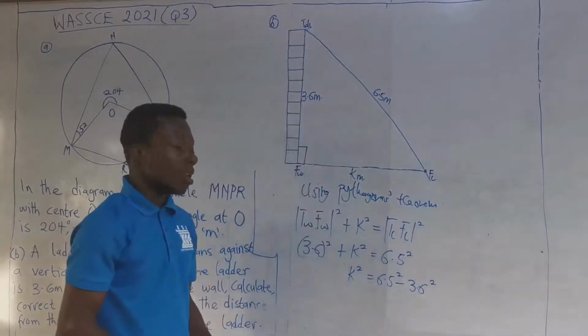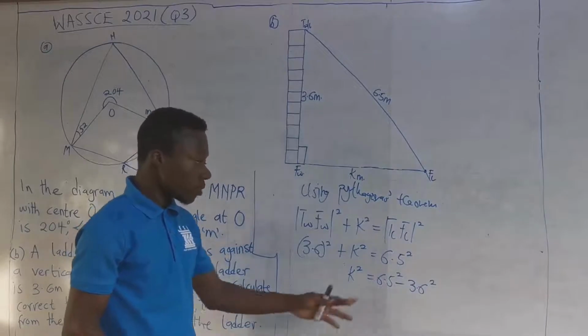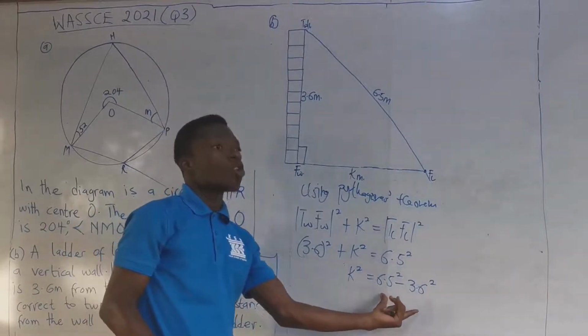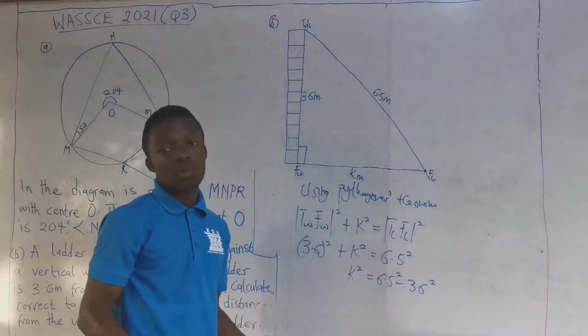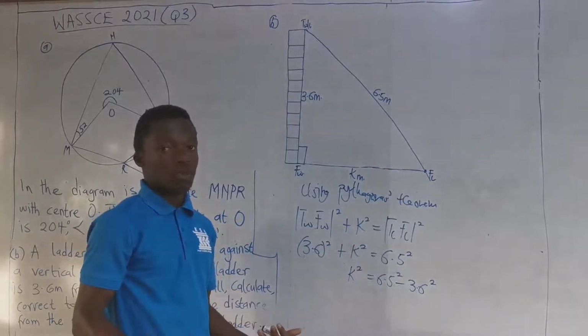So let's go by the squaring approach. Even if you don't have a calculator and you want to simplify it, you can use the difference of two squares, and it's still going to work best for you. Is that okay?